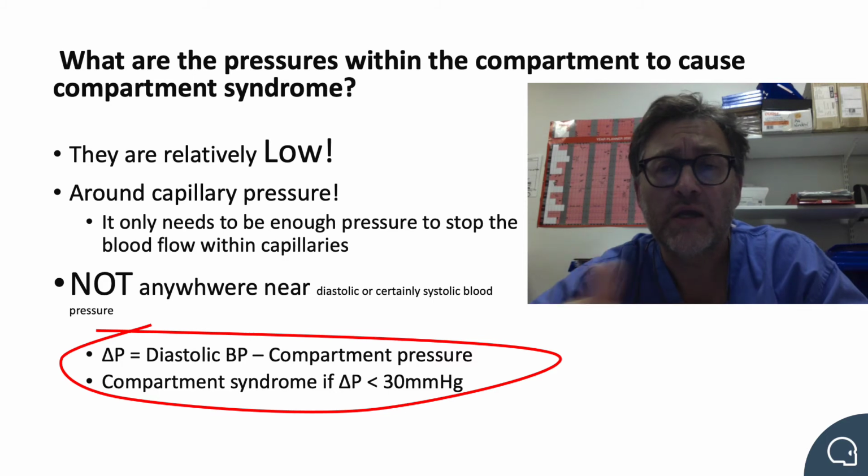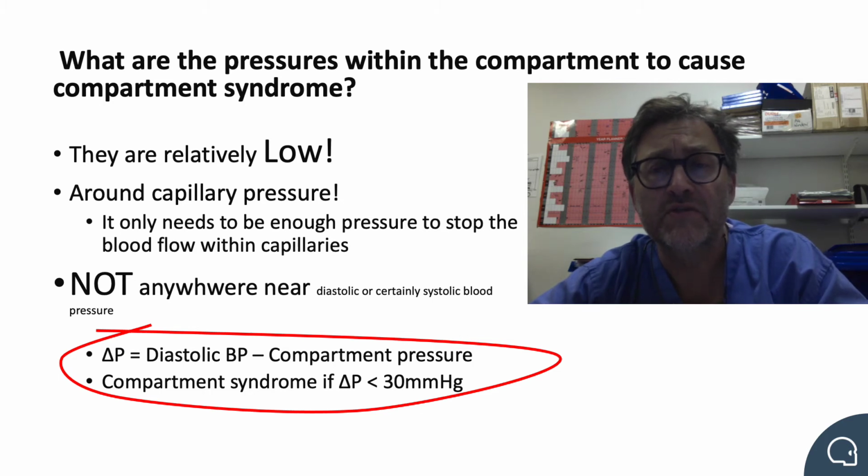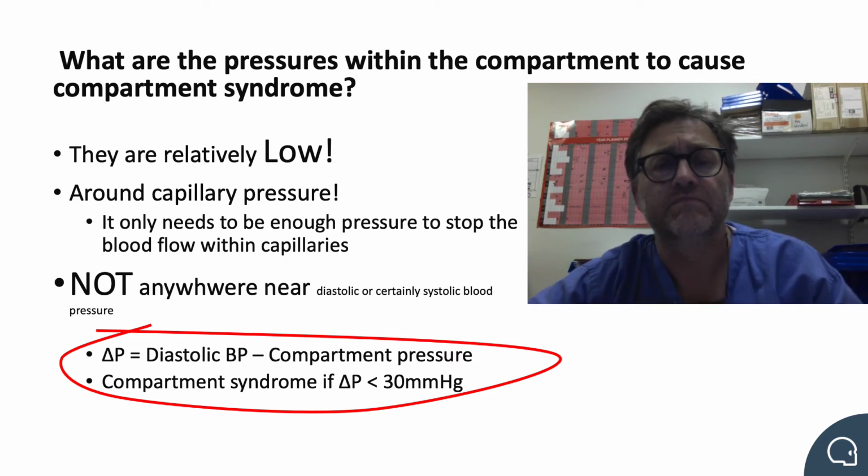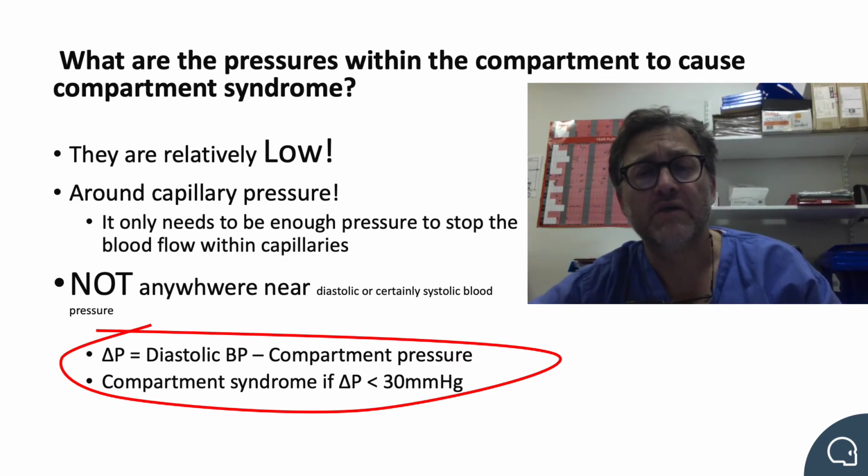We can calculate the patient's delta P by taking the compartment pressure away from the diastolic blood pressure. If a patient has a delta P of less than 30 millimeters of mercury, they have got compartment syndrome, and we need to do something about it. But the take-home message is the low pressure that causes compartment syndrome.